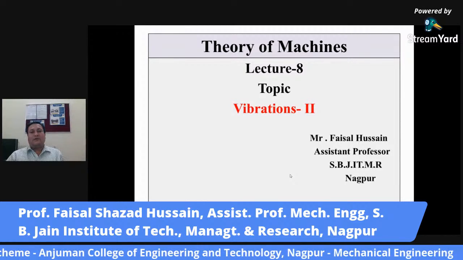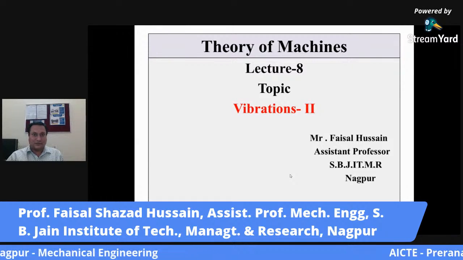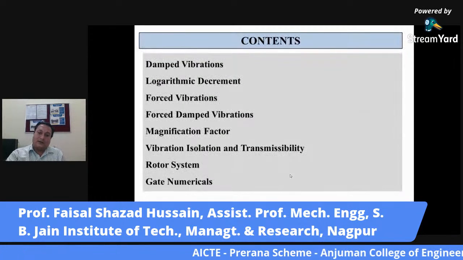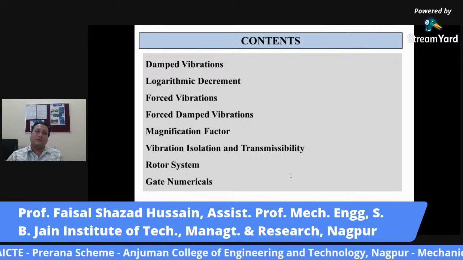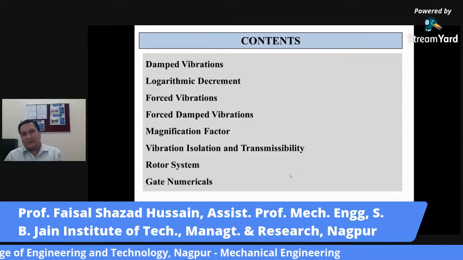Then we saw longitudinal, torsional and transverse vibrations and how to determine their natural frequencies. We also saw what is whirling speed of shaft, and then we covered some GATE numericals.